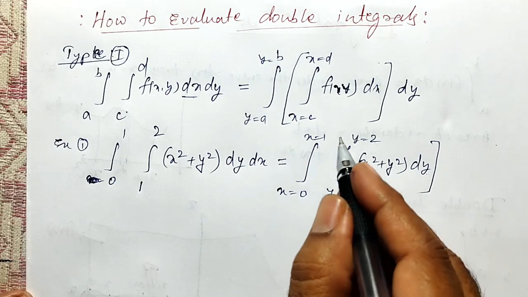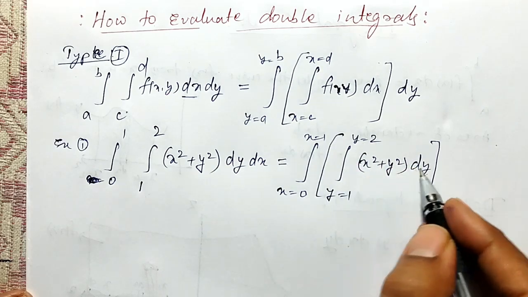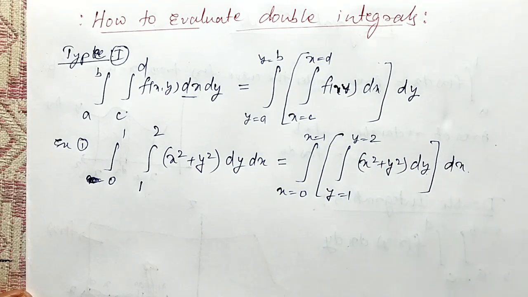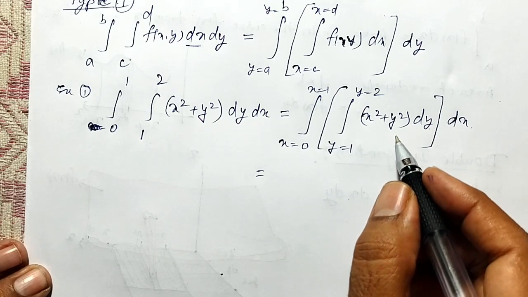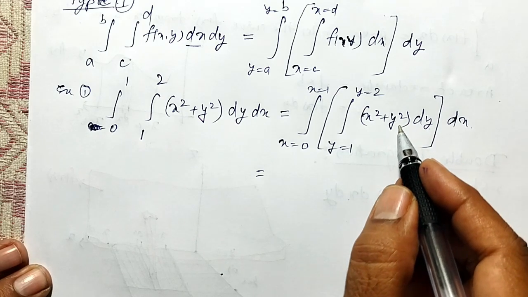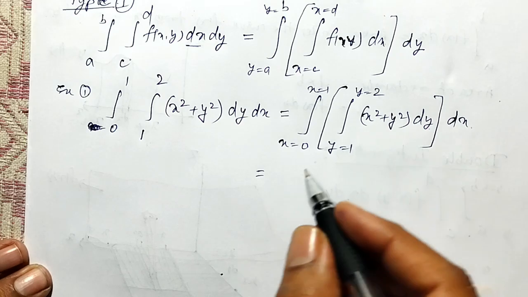I'll put one bracket so that this one should be integrated first, then with respect to x. So to integrate this one, y should be treated as the variable of integration, and x to be treated as a constant.